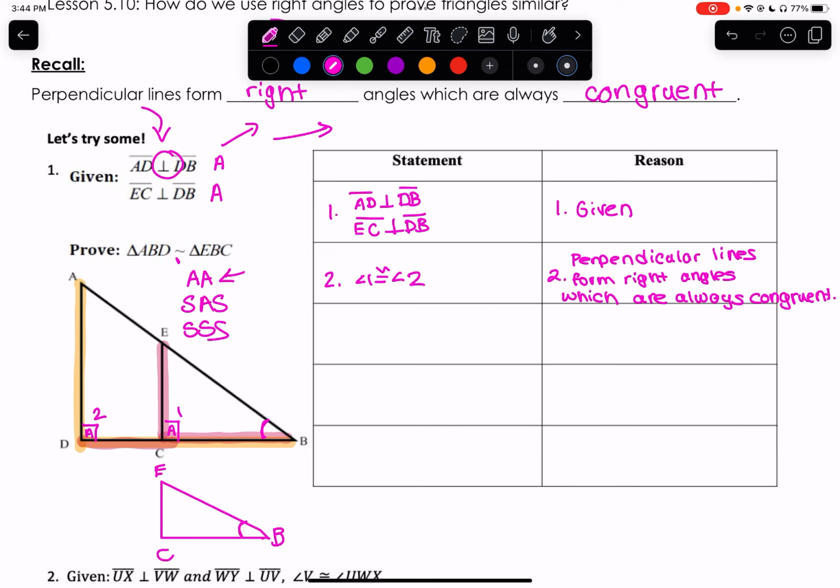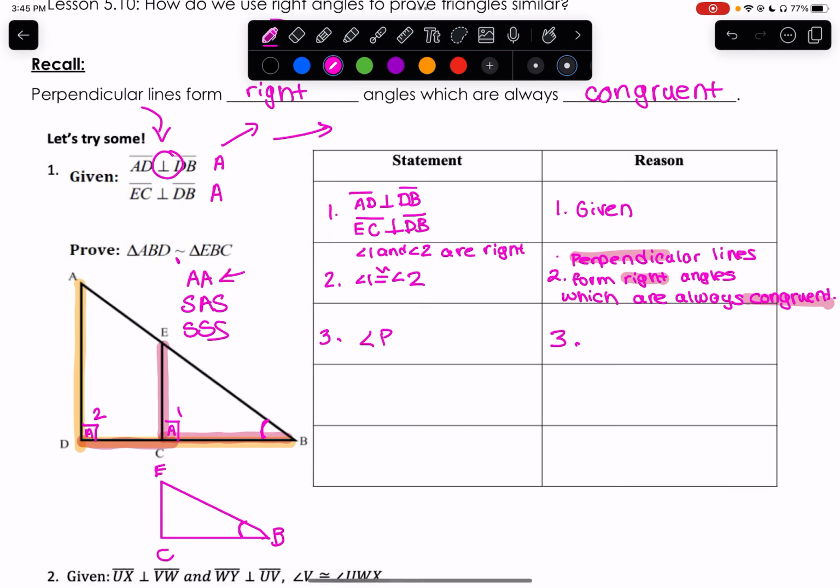You can also split it apart and say angle 1 and angle 2 are right angles for your first statement, and then say they're congruent. But if you want to say it all in one line, you can. You just need to make sure that you have all three things: perpendicular, right, and congruent, in order to have the correct reasoning.